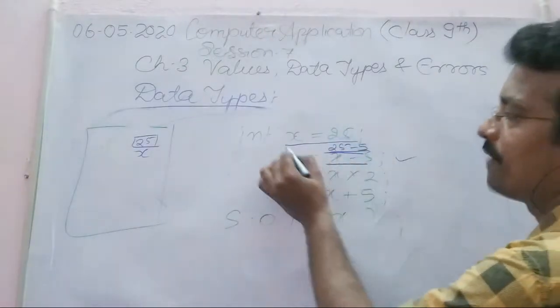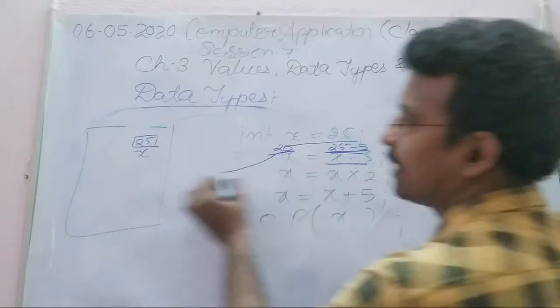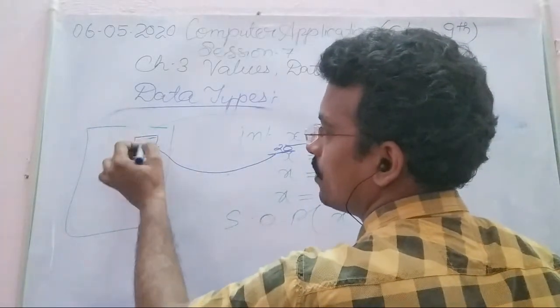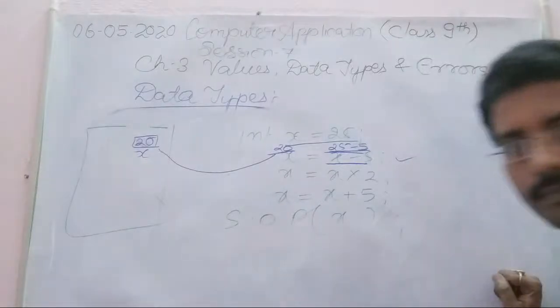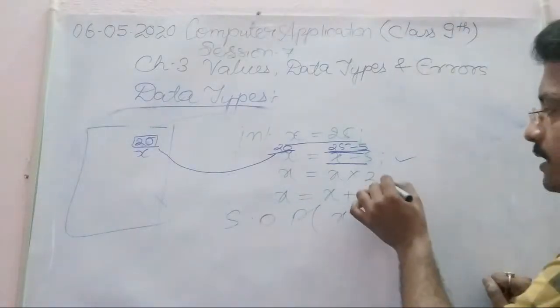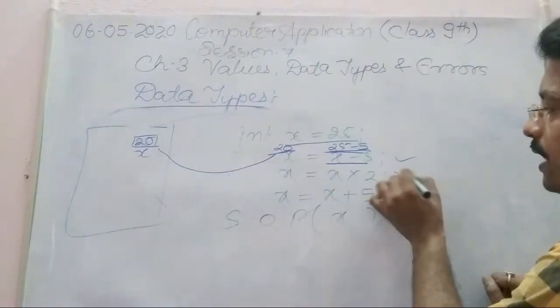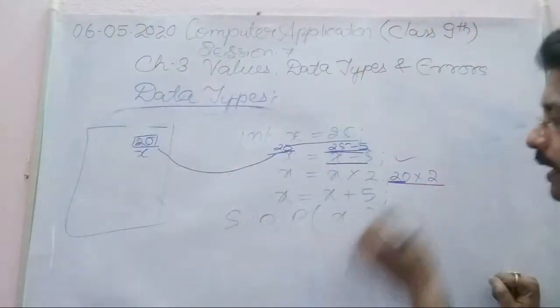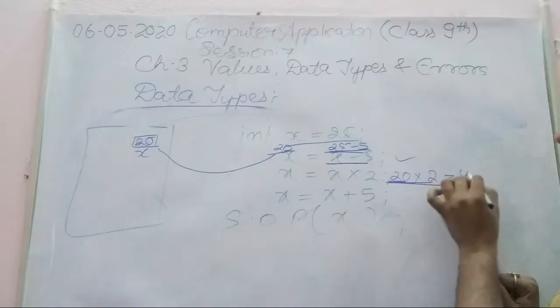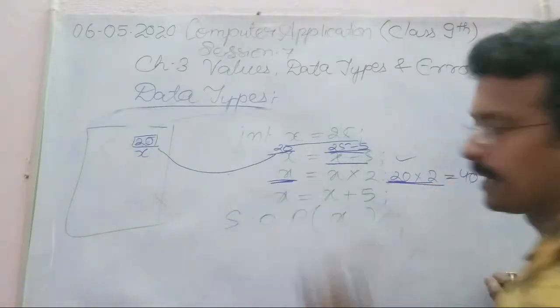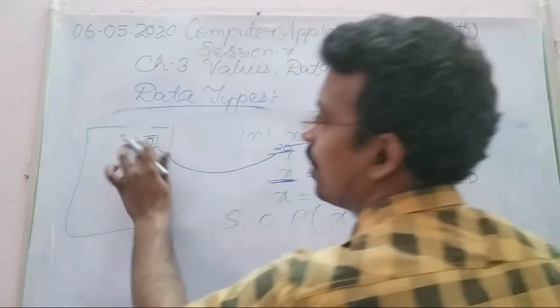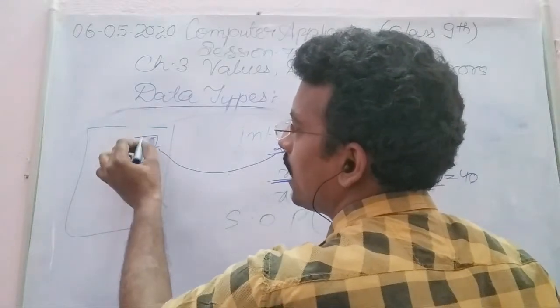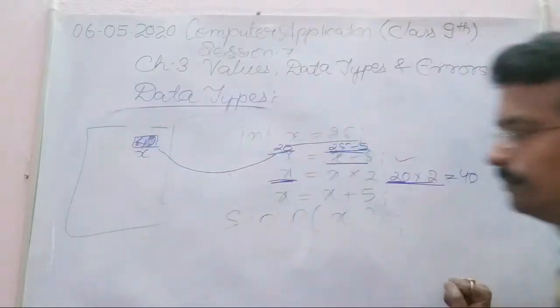So the new value of x becomes 20. This is kept in this memory space. Now the new value is 20. After that, this executes. This says 20 into 2, where 20 is the last value of x. Now it is 40. And this 40 is given again to x. So x will be overlapped, and the new value will be 40 now.